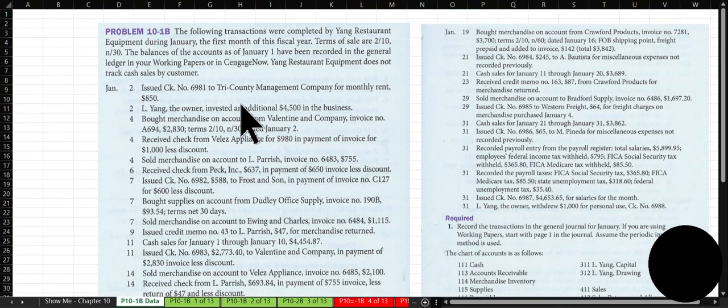Most of these transactions are self-explanatory, so I would encourage you to go through each one and verify how it was recorded. But let's just take a few to illustrate.